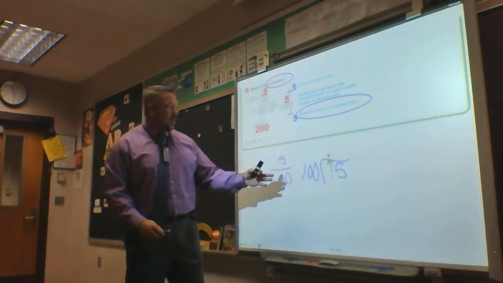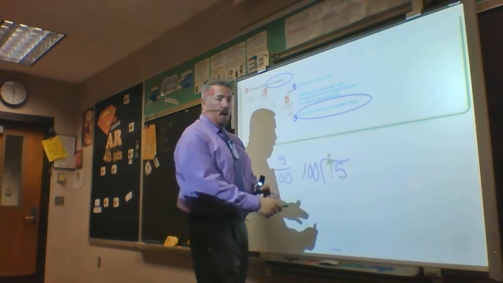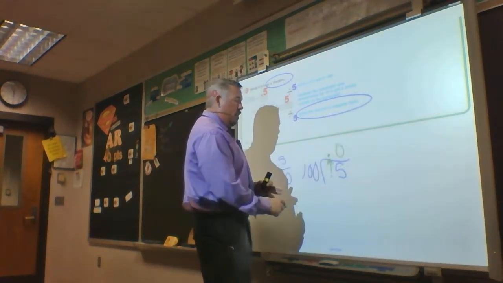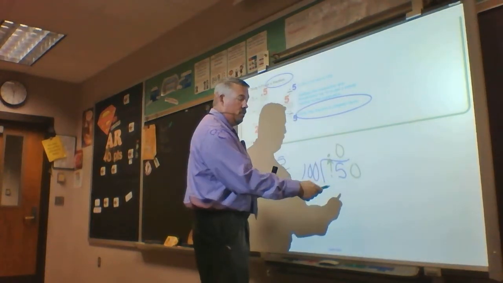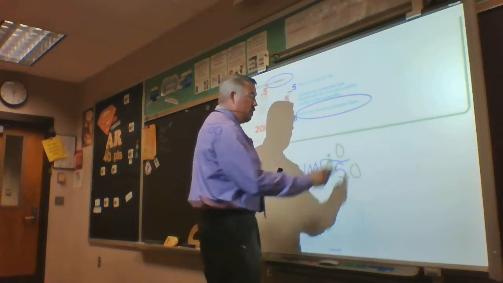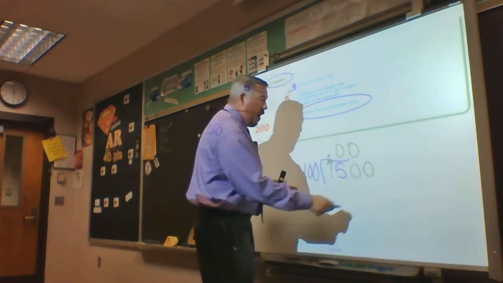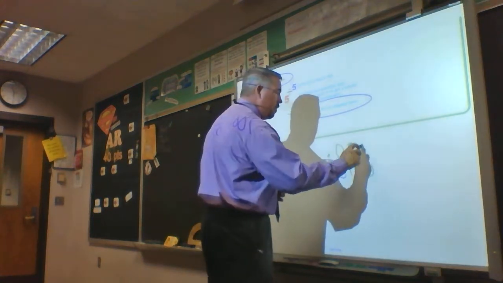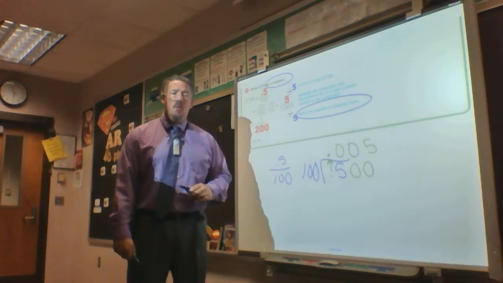And then when I look at it, well, I have 100 going into 5. No, it won't do that, will it? So I'm going to add a 0. 100 going into 50. It won't do that either. So I'm going to add a 0. And 100 going into 500. It will do that. And how do I say that number?